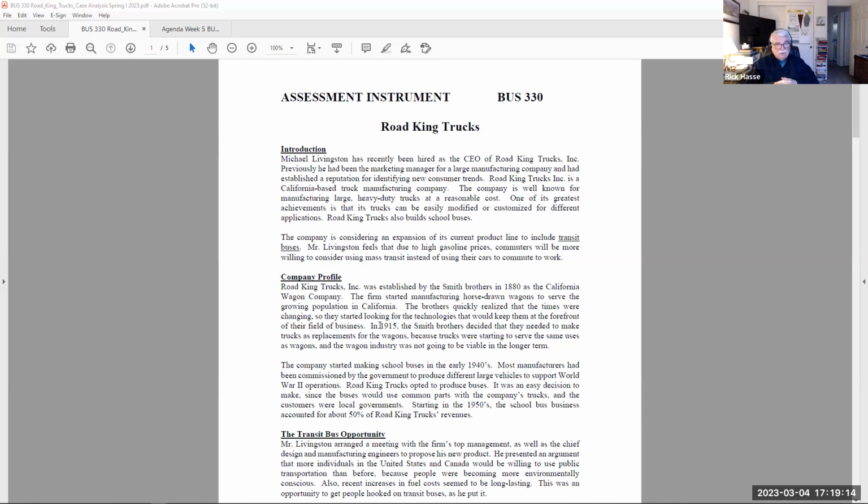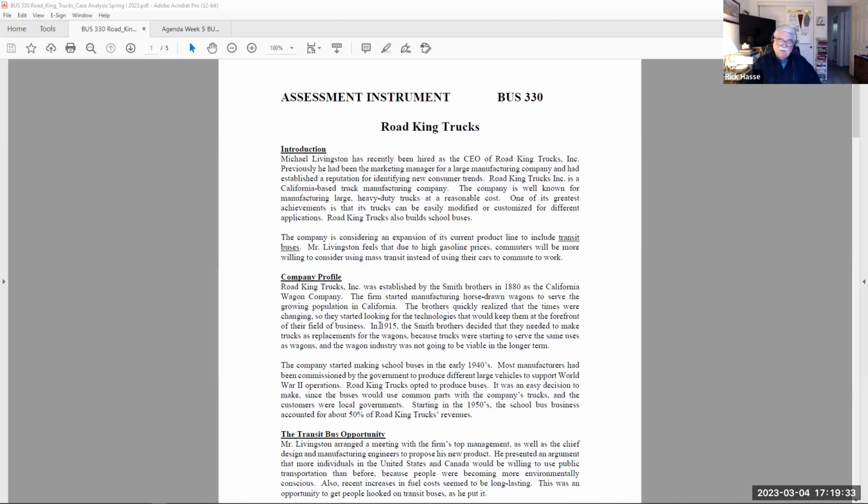So a review session, class this coming week, Monday, and also the class the following week on March 13th. We'll also spend a lot of time on this Road King Trucks case paper. This is huge for you to complete the requirements of this course.